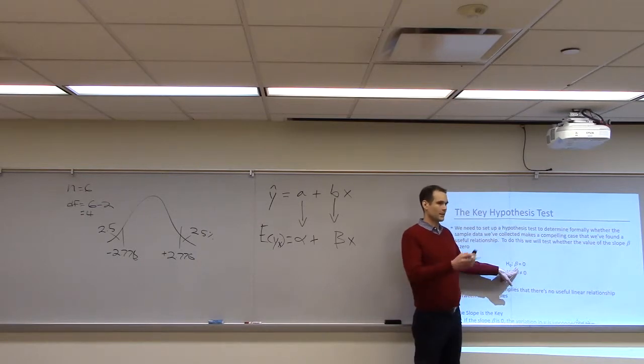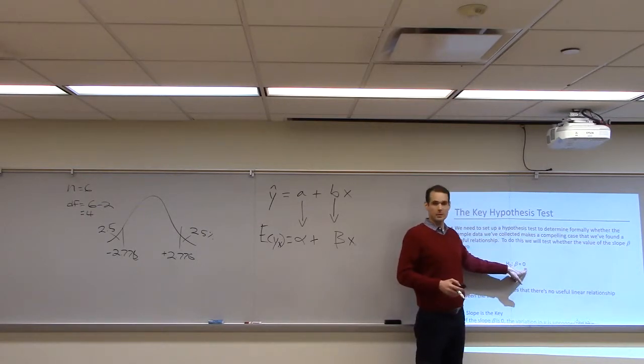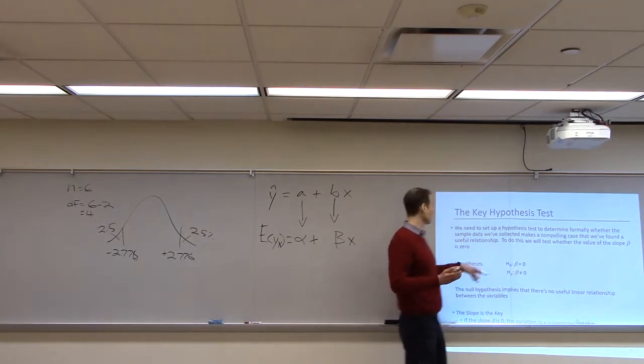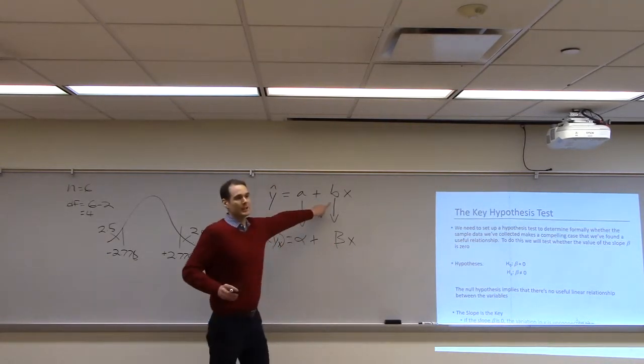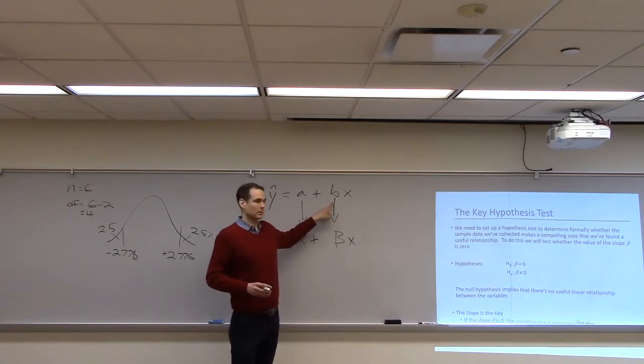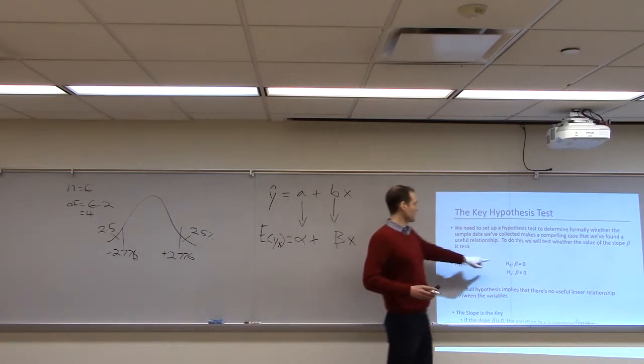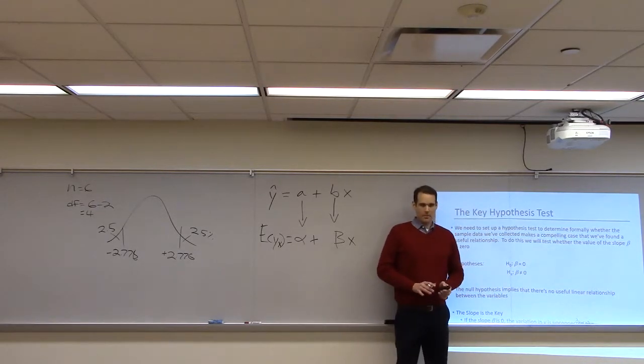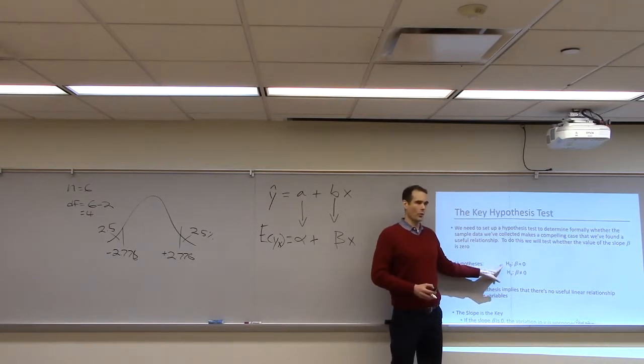Population slope is equal to 0. That Greek letter beta is the true population slope. We have this, but this is just the sample slope. The key question is: is the true population slope equal to 0? We make that our null hypothesis, and we assume it's true unless we have overwhelming evidence to the contrary.